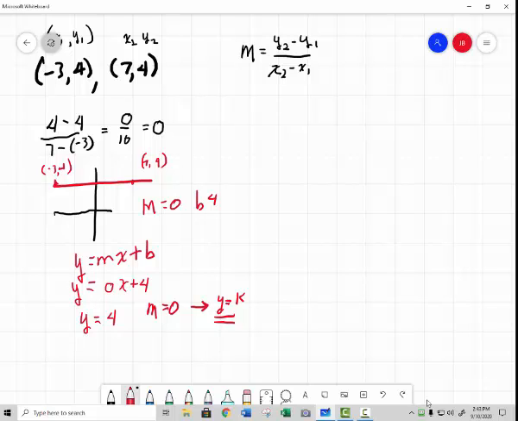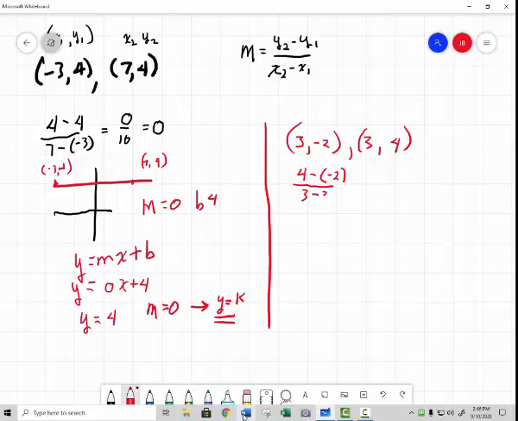By the same token, let's take a look at this one. Suppose that I've got the points (3, -2) and (3, 4). Those are the 2 points that I want. In this case, if you notice that the x doesn't change, if I do the slope here, it's going to be 4 minus -2 divided by 3 minus 3.